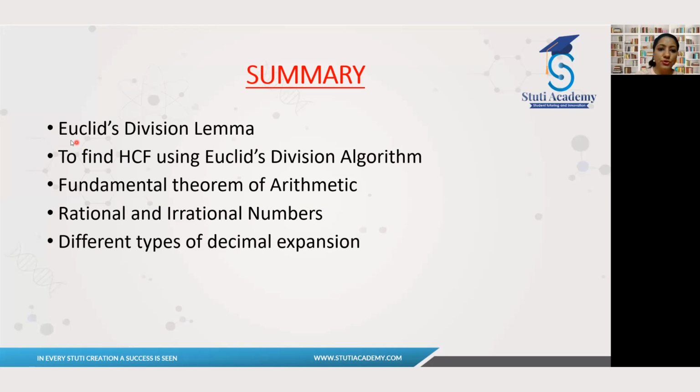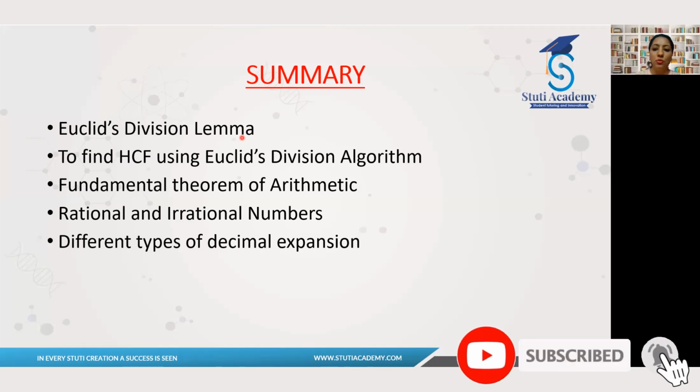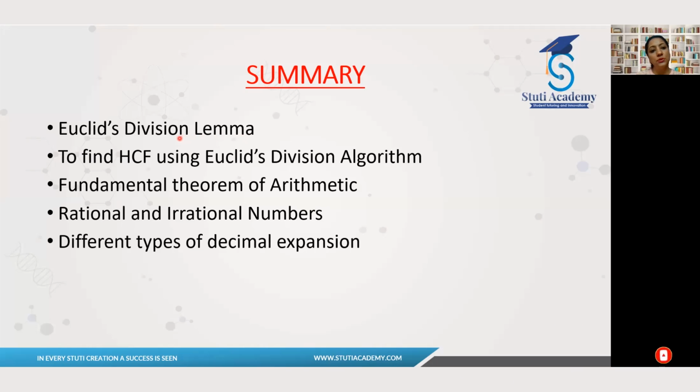Now students, today we have learned real numbers and we have learned Euclid's division lemma. That means if we have two numbers a and b, then we can write a as bq + r, where 0 ≤ r < b. Also, we have learned how to use this Euclid's division lemma to find the HCF of two numbers.